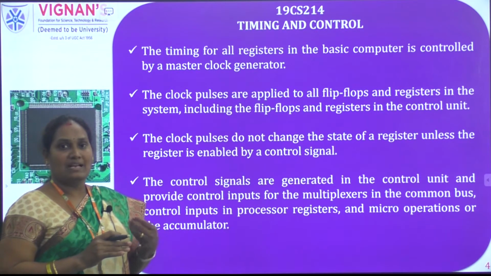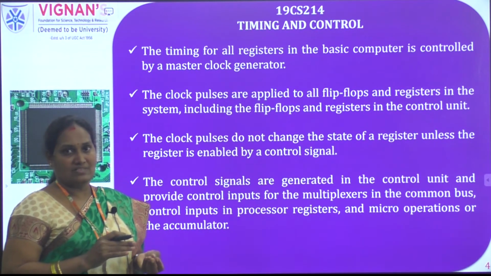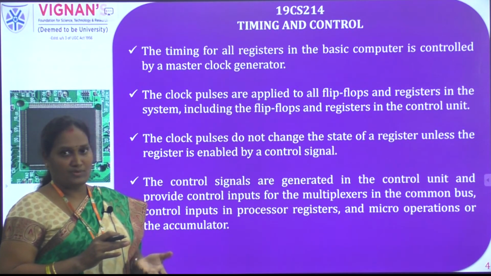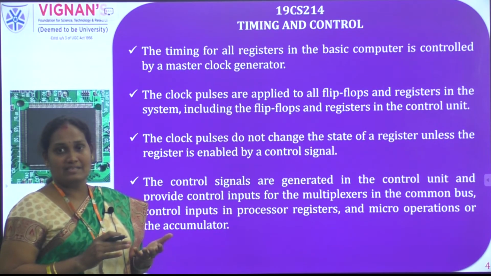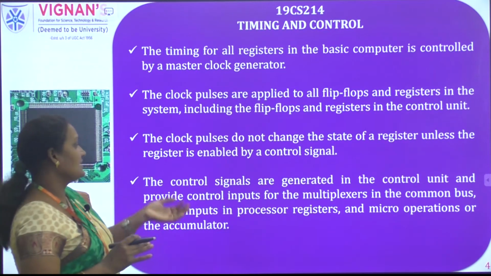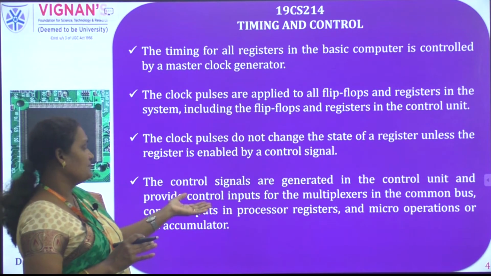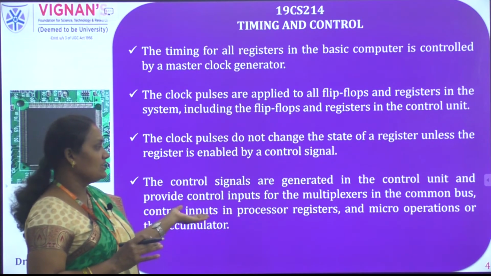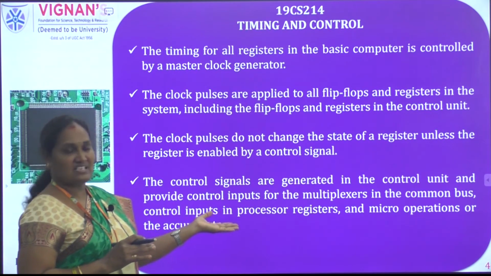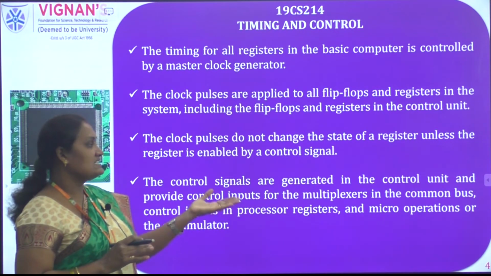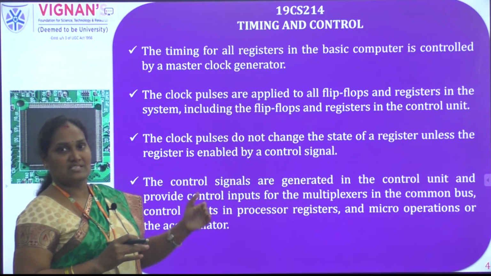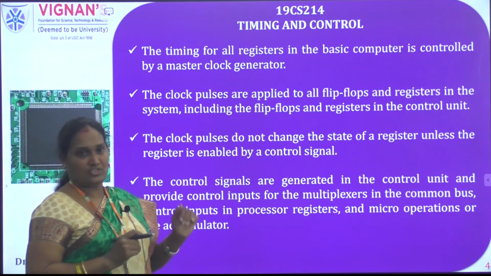Even though the clock pulses are applied to all the registers and flip-flops, these clock pulses cannot change the state of the register or flip-flop unless they get the control signals. The control unit generates the control signals. It also provides control inputs for the multiplexers and for the processor registers, and it generates micro operations, that is, what should be executed for the completion of a particular instruction.